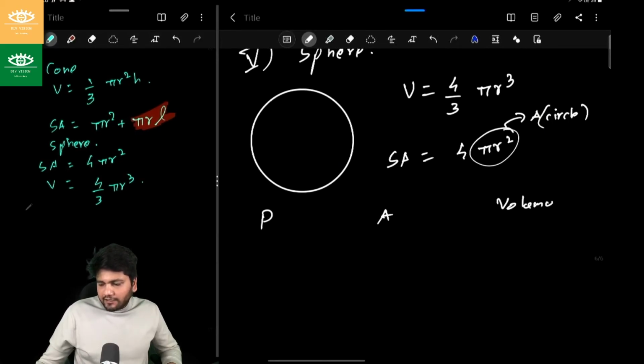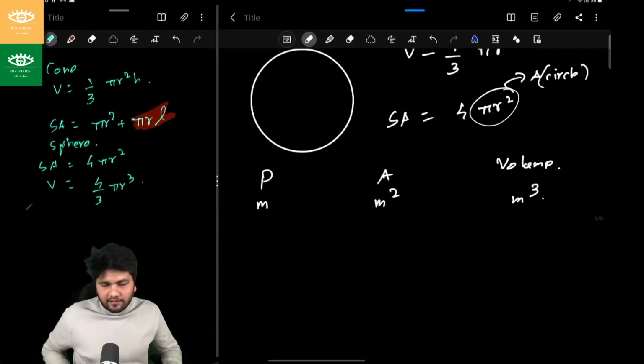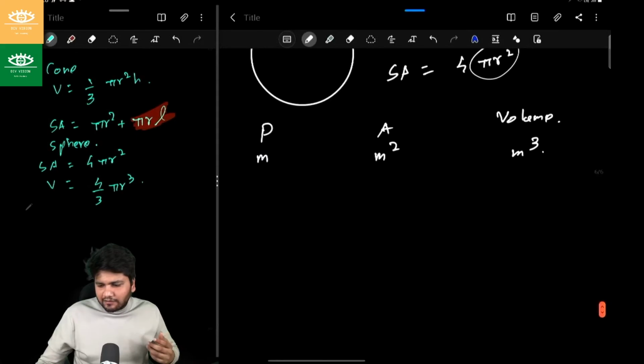Perimeter is the length of the thread, which we have discussed earlier, so we always calculate that in meter, centimeter, like that. Area is meter square and volume is meter cube. All these formulae will be based on these units. For example, by chance, I thought that volume of the sphere is 4 pi r square.